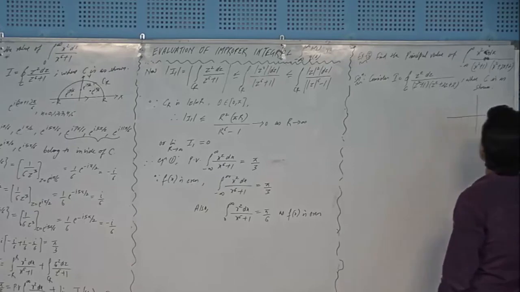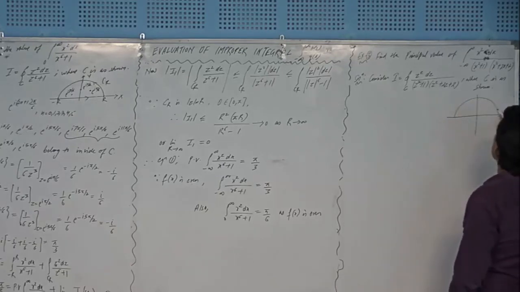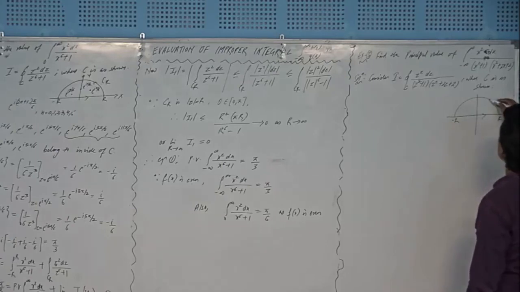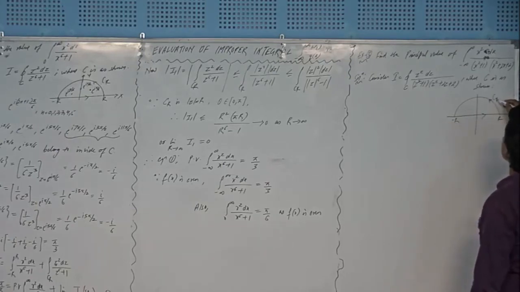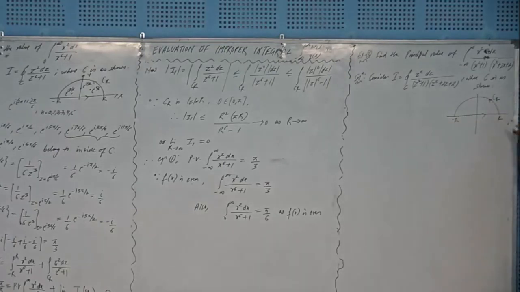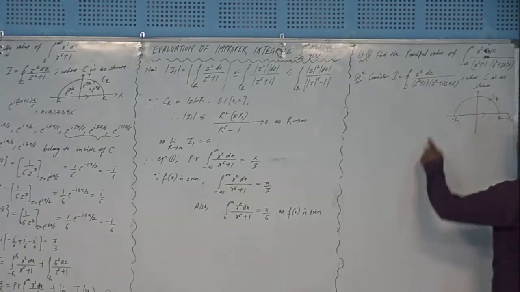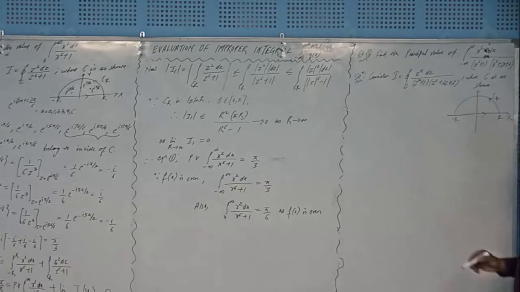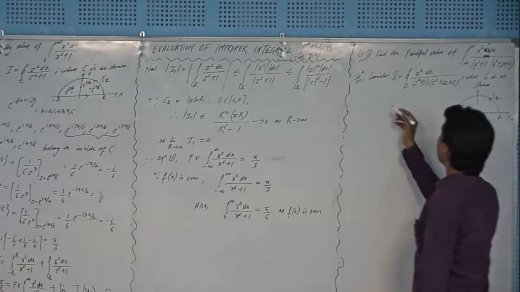And that is obviously a semicircle, minus r to r, and the upper semicircle is CR, right? And you can see that the poles of this function will be plus and minus iota from here, and from here I have to find the poles, right?